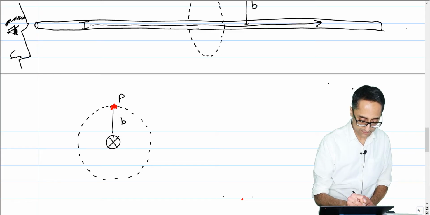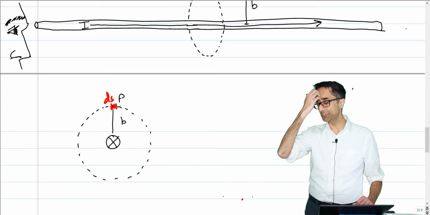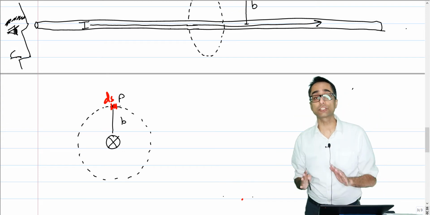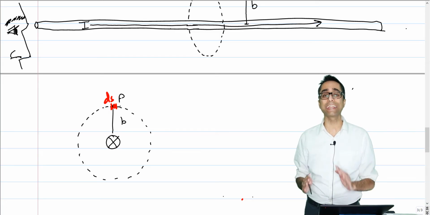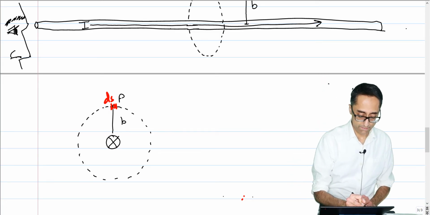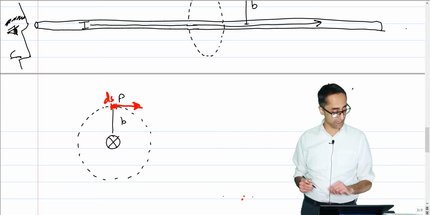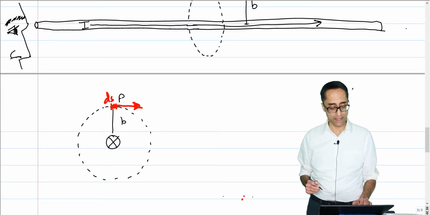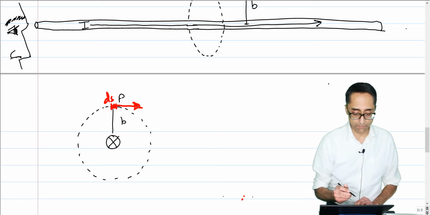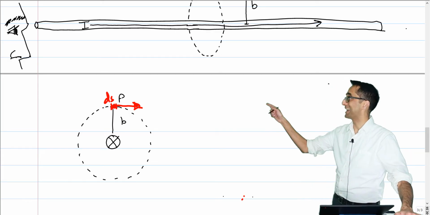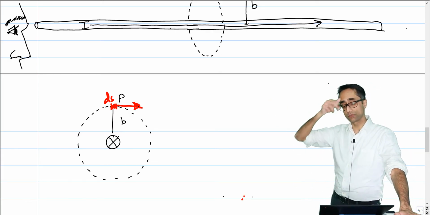That little piece of the path is ds. And the definition of the direction of ds is tangent to the circle. By its definition, it goes tangent to the circle. I will make a note of that at the end of this example. But that's the way ds goes. It comes off the circle tangent.